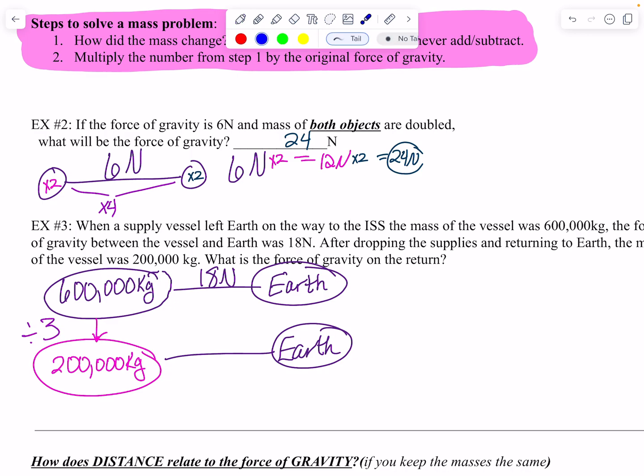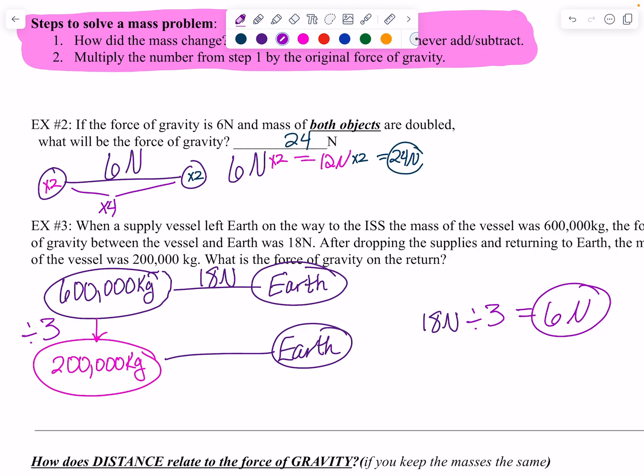And whatever I do to the mass, I have to do the same thing to the gravity number. So all I'm going to do is take this 18 N and divide it by 3, and I get 6 newtons.